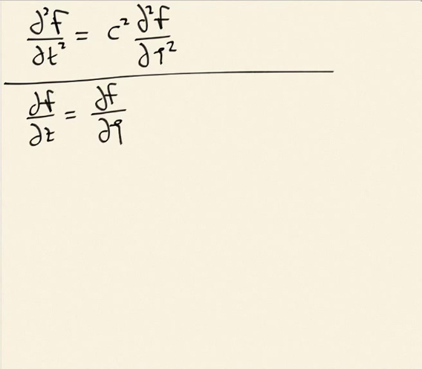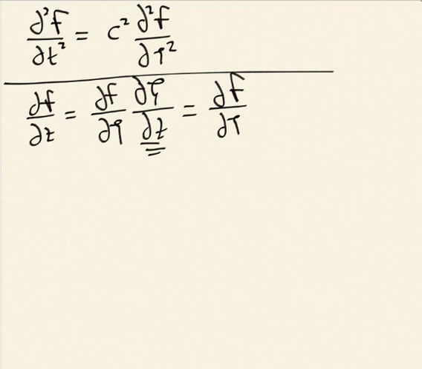There's only one argument that f depends on. It's that combination of z plus or minus ct. And then I do the chain rule, d squiggle dz. But because squiggle is just z plus or minus ct, this quantity just is 1. So it's the same as df d squiggle, and the same for the second derivative.